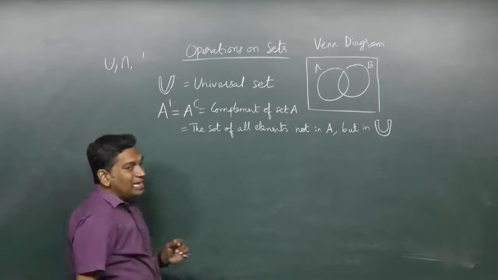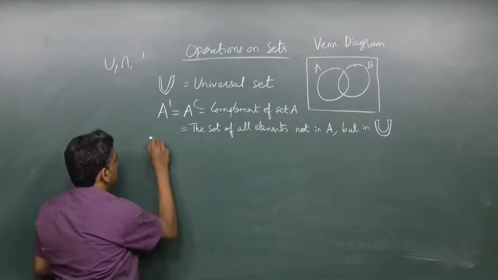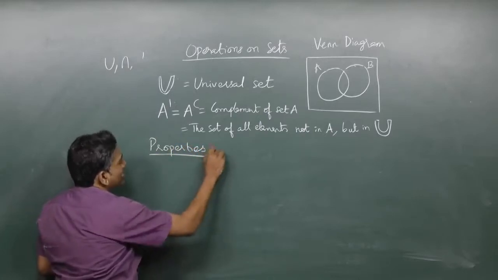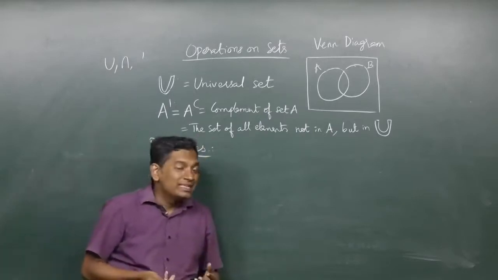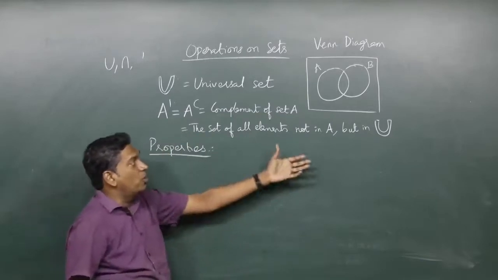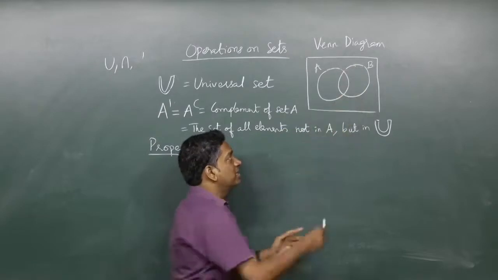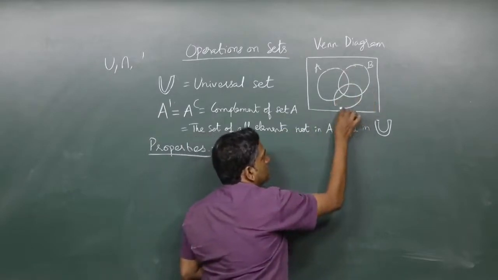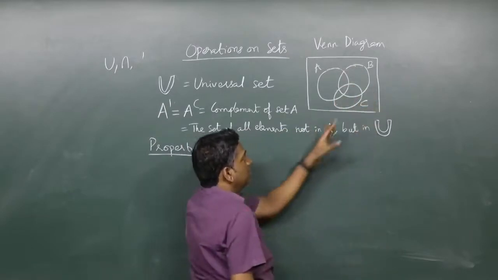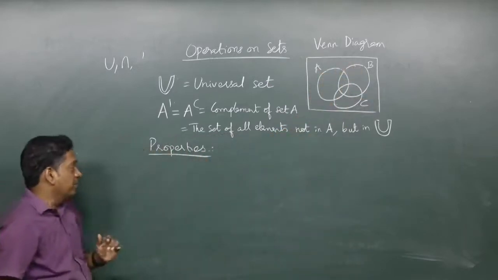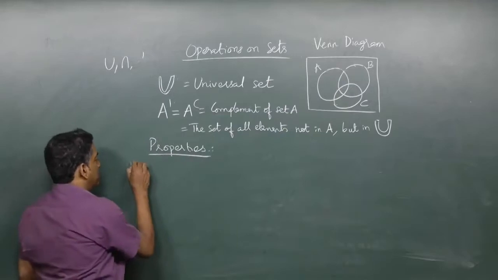Okay, so let's see some of the basic properties that we can list. Now some of these properties are obvious, some of them we can show easily using the Venn diagram, and if we have more sets, we can add one more set like this for set C, which could have some intersection with A, some intersection with B, etc. Okay, so let's list some of the properties.